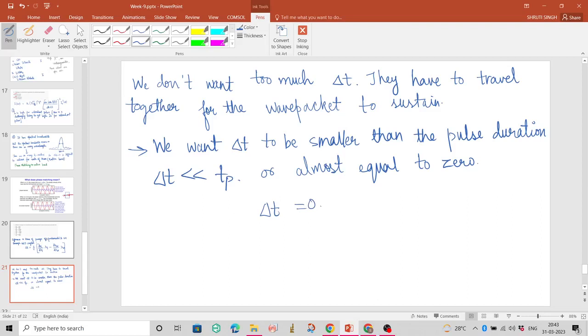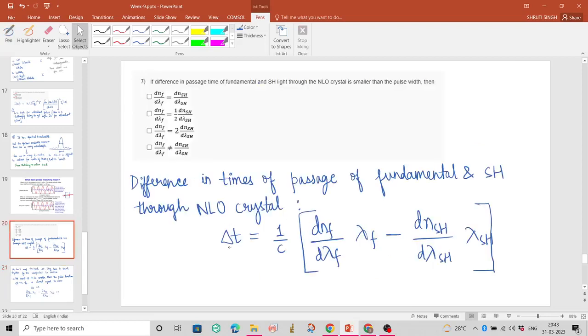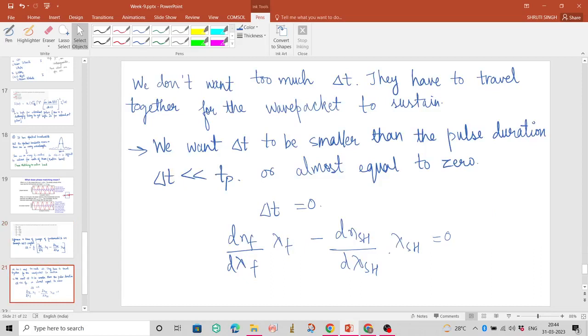So from this expression, if delta t is equal to 0, we will have dnf by d lambda f into lambda f minus dnsh by d lambda sh into lambda sh equal to 0. Equating delta t equal to 0, c is the constant, so we come to this expression.